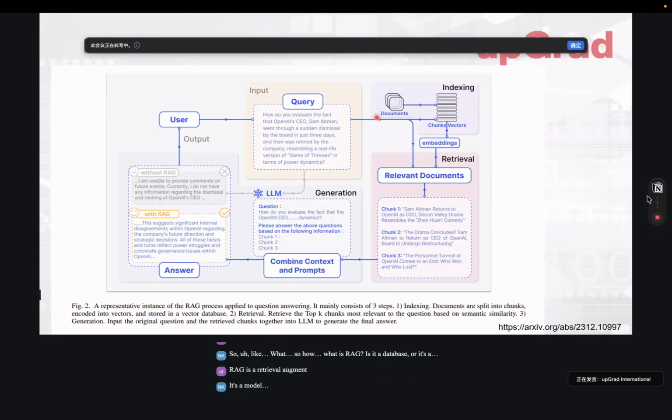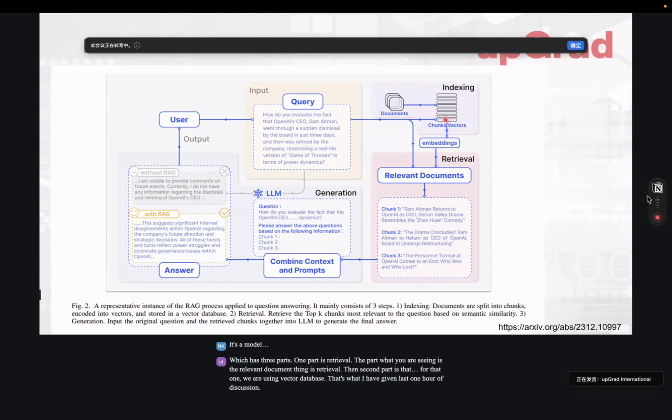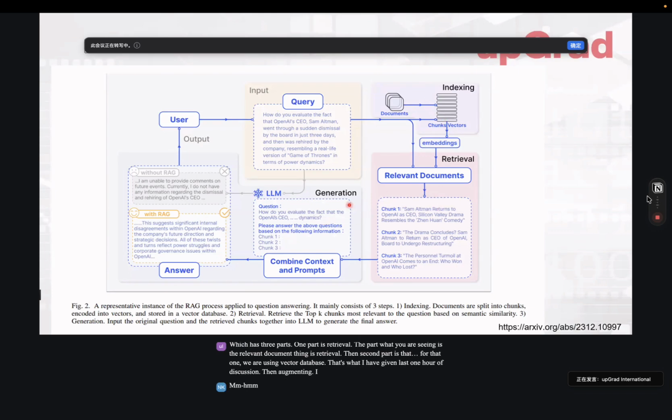Retrieval augmented generation is a technique like prompting, which has three parts. One part is retrieval. The part you are seeing, the relevant document, is retrieval. The second part is that for that we are using a vector database. That's what I have given in the last 1 hour of discussion. Then augmenting: in this box, whatever extra information I am getting, combining that context and prompt is augmenting.